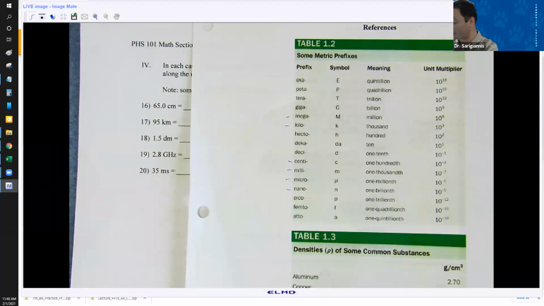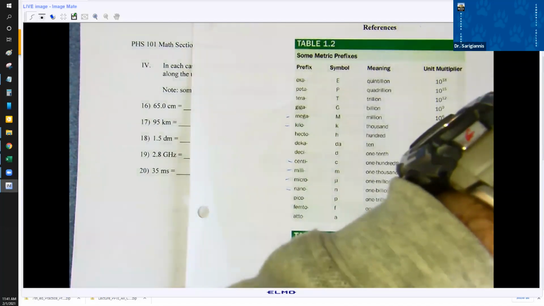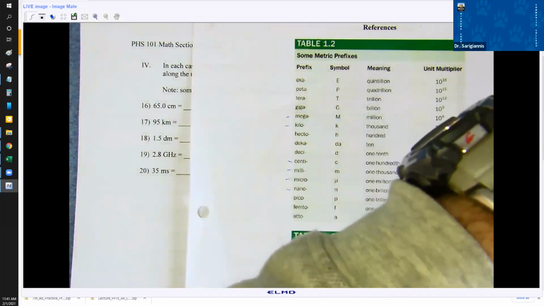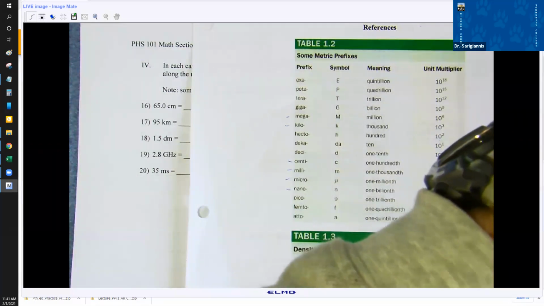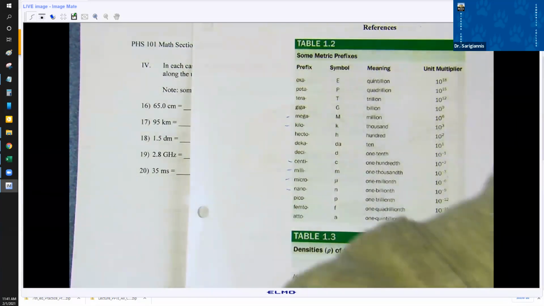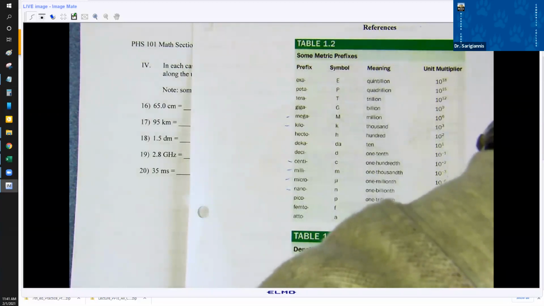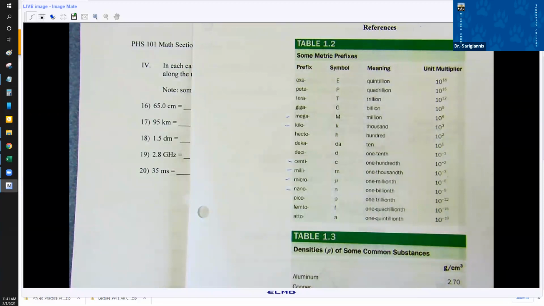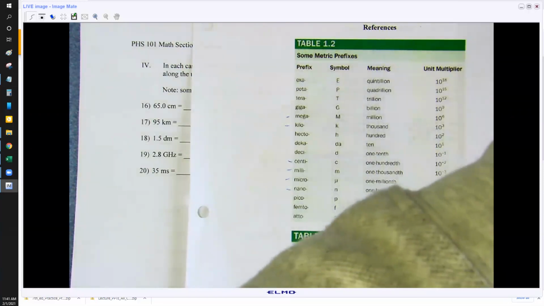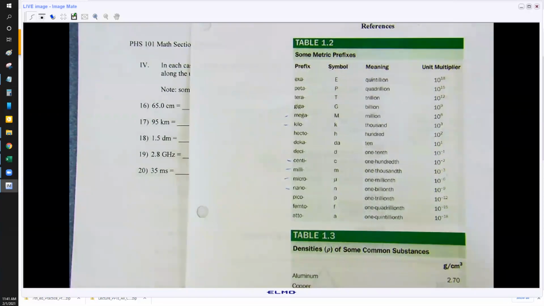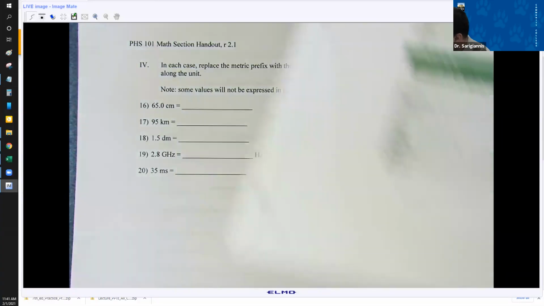We're just replacing the prefixes here. All right, so let me just go through these really quick.